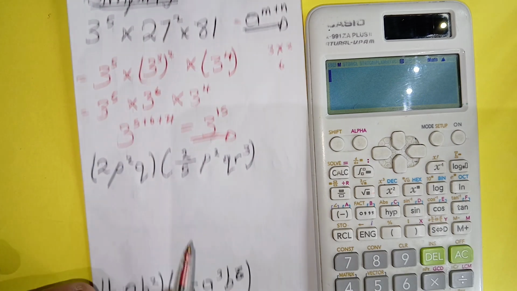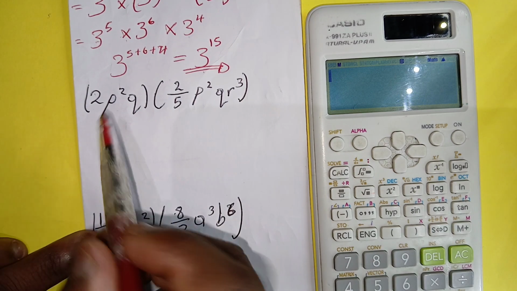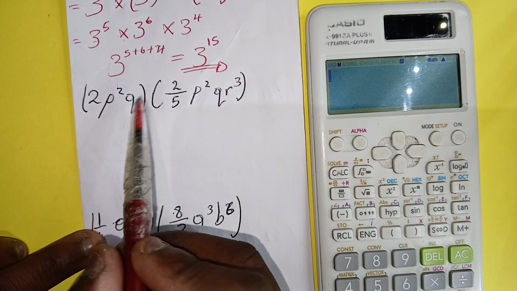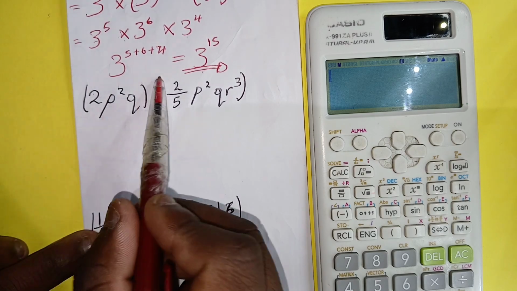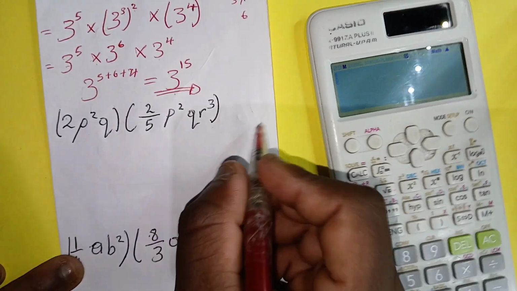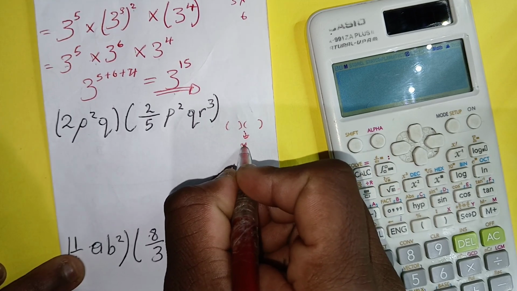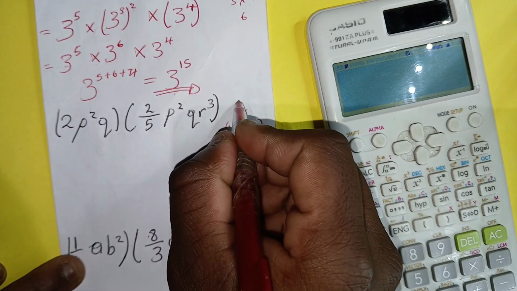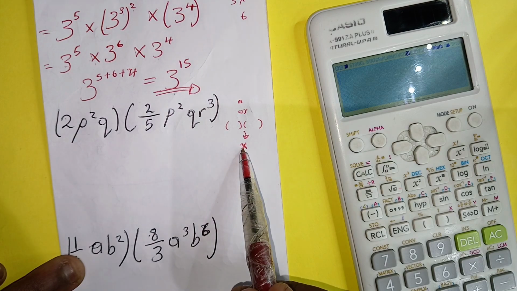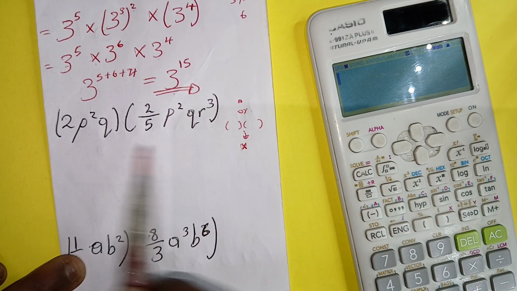Now the next question is this one. When you see a bracket like this, you know that it represents multiply, or sometimes when you see a dot, it also represents multiply.